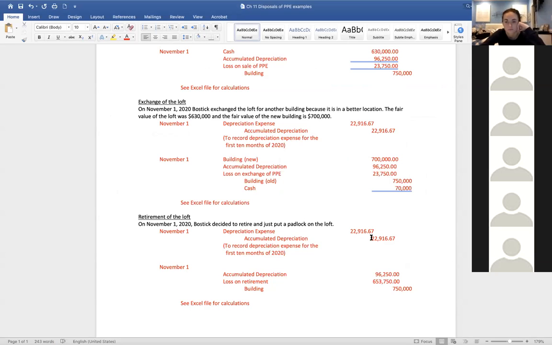And so we see that we debit the loss on the exchange of the 23,750.